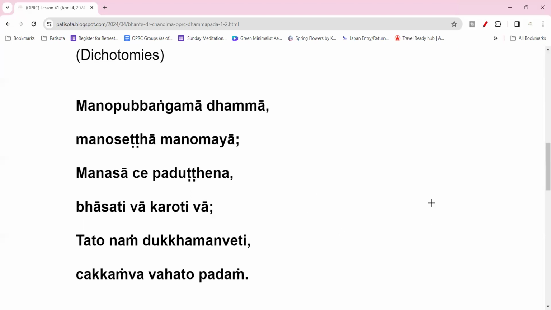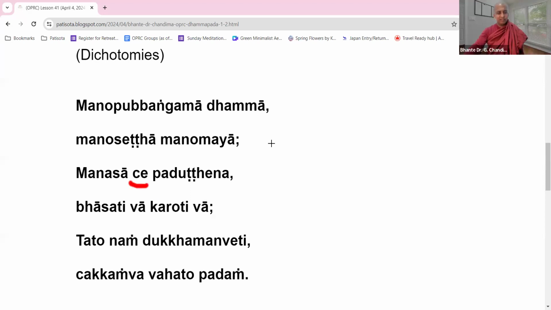Mano pubbangama dhamma, mano settha, mano maya, manasa che padutthena, bhasati va karoti va, tato nam dukkham anveti, cakkam va vahato padam. Great.